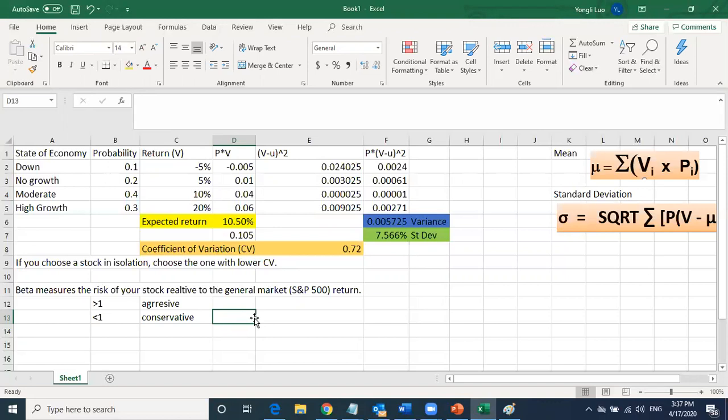With a conservative stock, when the market return increases 10%, your stock will increase less than 10%. When the market drops more than 10%, your stock will drop less than 10%. Greater than 1 means it's more volatile; less than 1, less volatile.